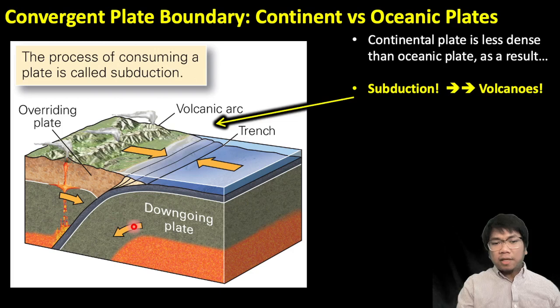The reason for that is because as the oceanic plate goes down underneath the continental plate, the downgoing plate gets hotter and hotter, and it actually allows the partial melting of the downgoing plate that fuels the volcanic activity on the surface.